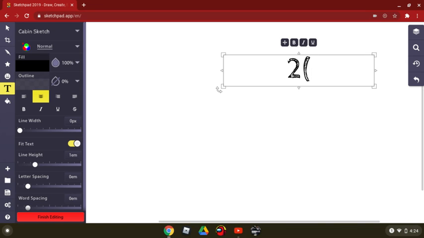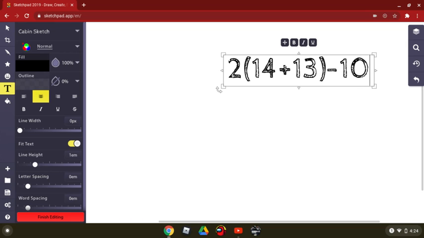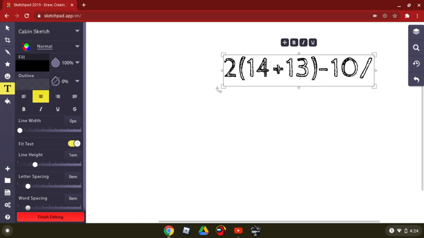So let's just say now 2 next to parentheses, 14 plus 13, in close parentheses, minus 10, and then divide by 2.